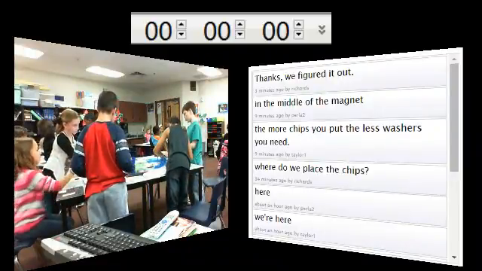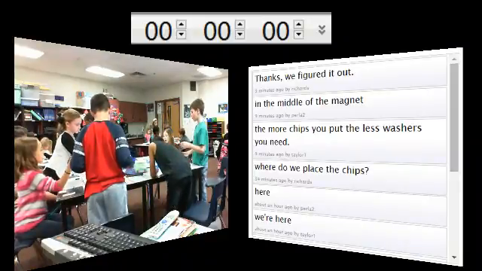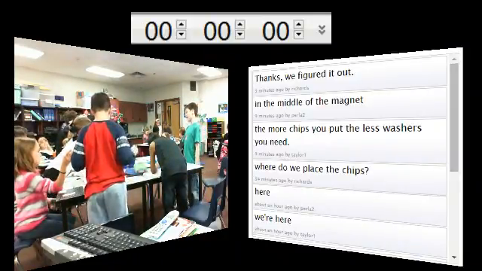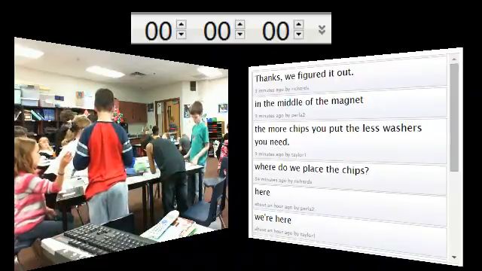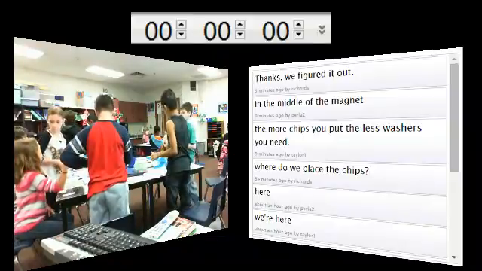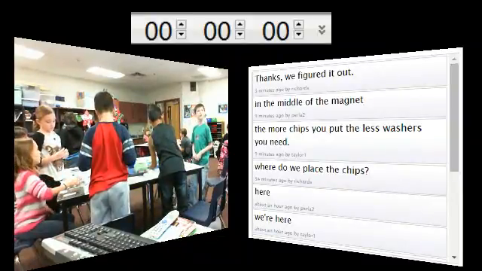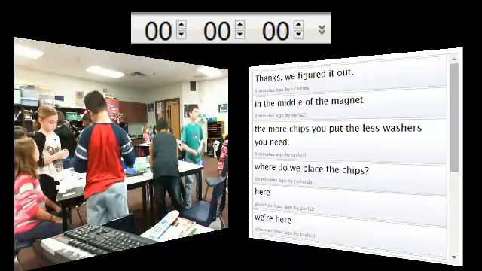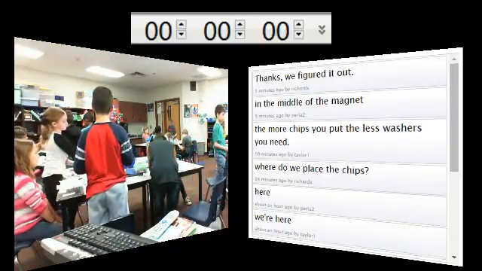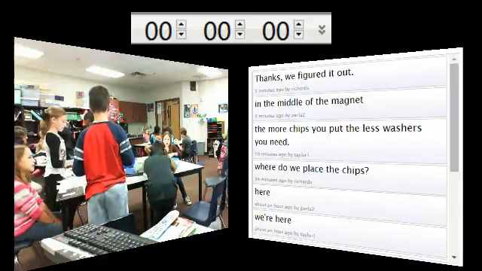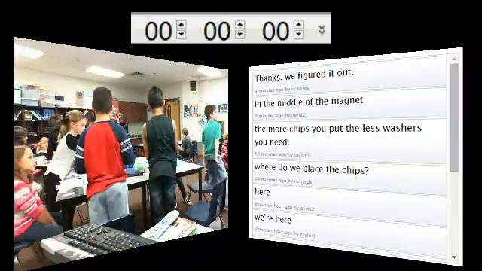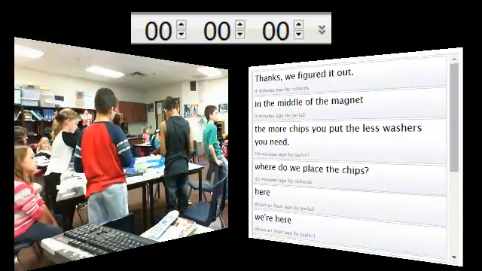Perfectly straight. How many washers do you guys have? So, the fact that one also tells me that I thought I did that.